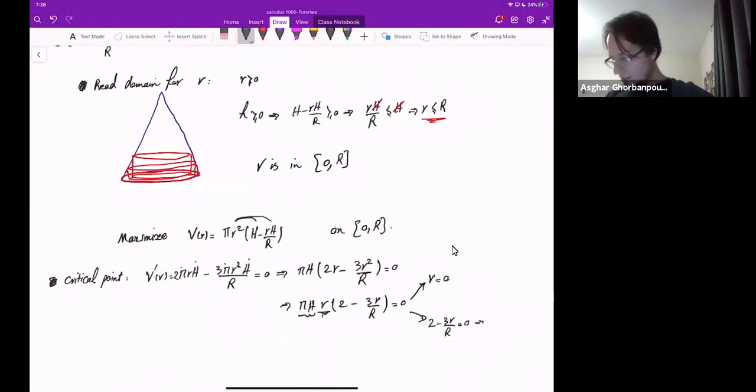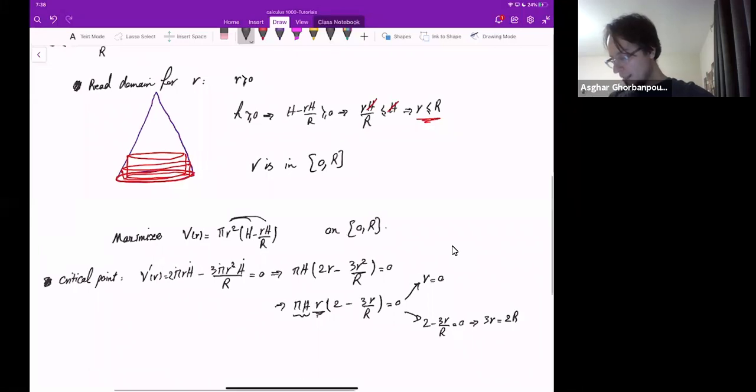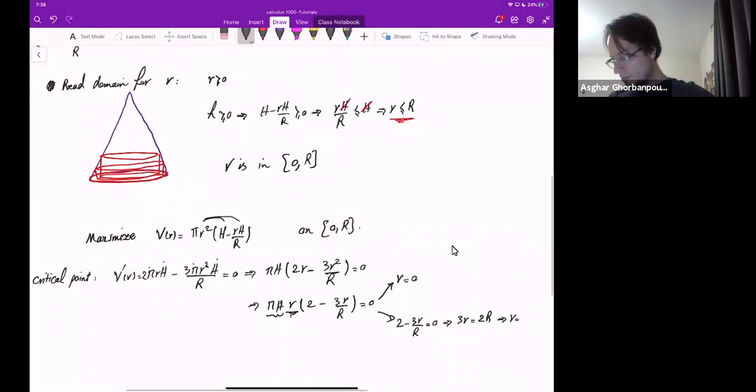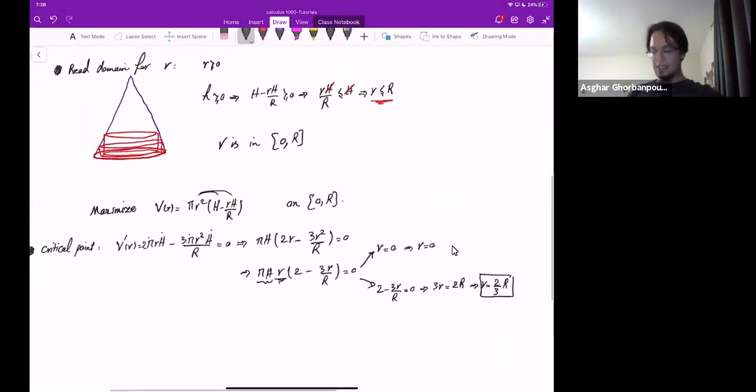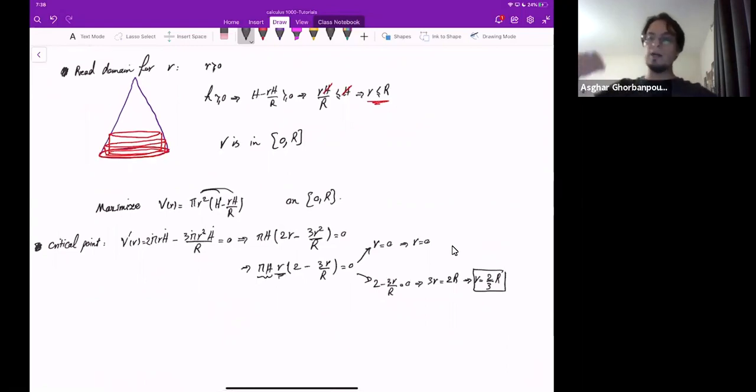And from there, you see that 3r must be equal to 2R, and from there, you see that r must be 2/3 of R. That's one critical point. The other critical point is r equal to 0. We are only interested in the critical points which are in the interval. This is 2/3 of R, and it is between 0 and R, and r equal to 0 is already included. So both of them we have to include.